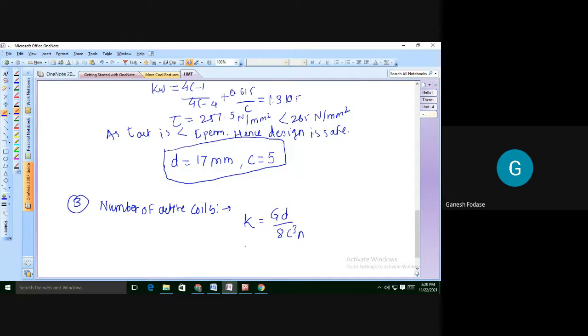Tell me value of N in this case. Put values and get value of N. Everyone.